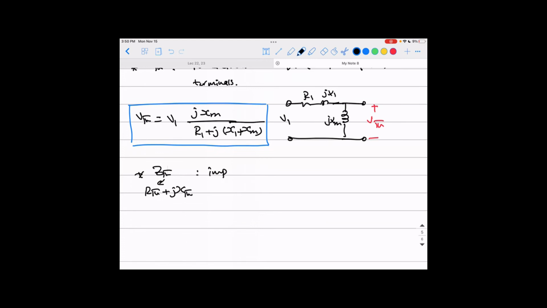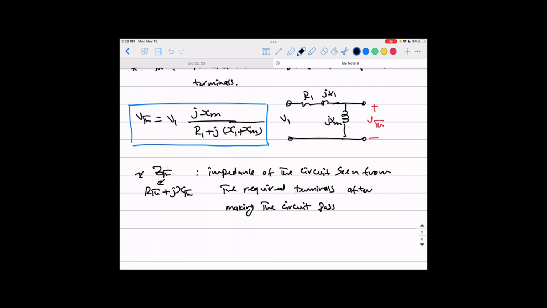It is the impedance of the circuit seen from the required terminals after making the circuit passive.